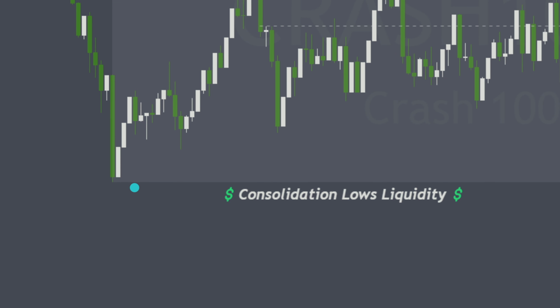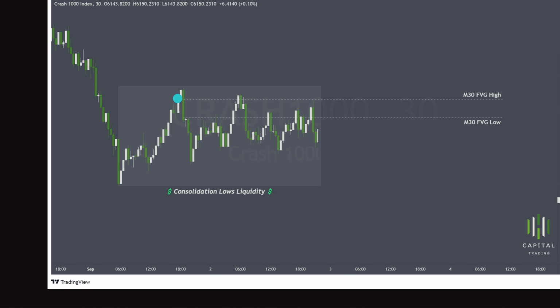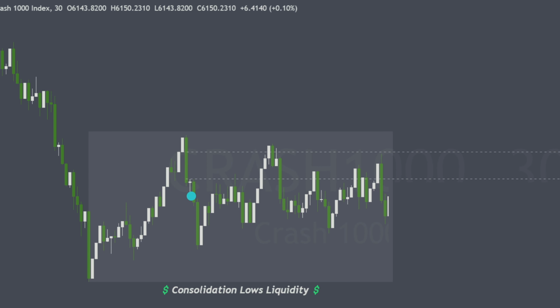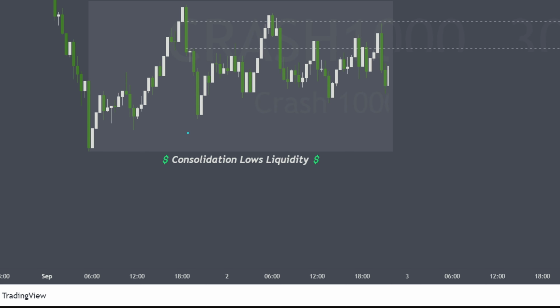So this was our range low. This is 6 in the morning, and then this is 6 in the afternoon, 1800 hours, where we identified our range high. Then we had price ranging within that range.